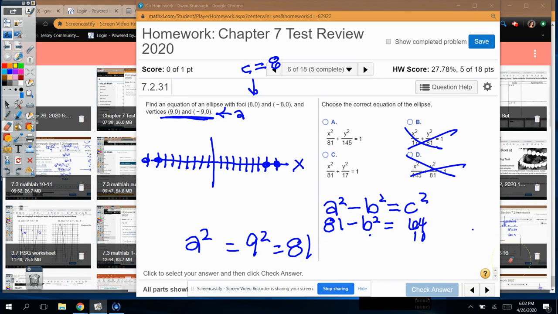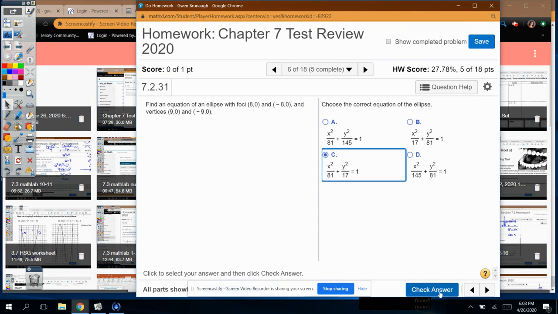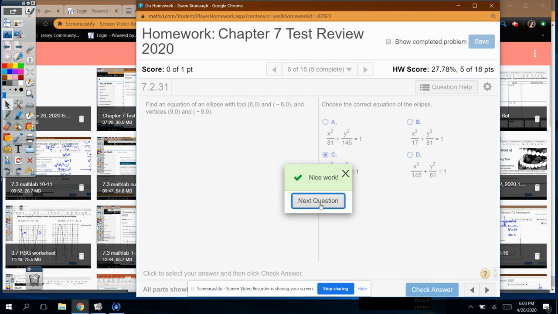So I'm going to subtract 81 from both sides. 64 minus 81 is negative 17. So negative B squared is negative 17. Divide by negative 1. B squared is 17. So that means C has to be my answer. We don't have to graph it. They just want to know the equation.